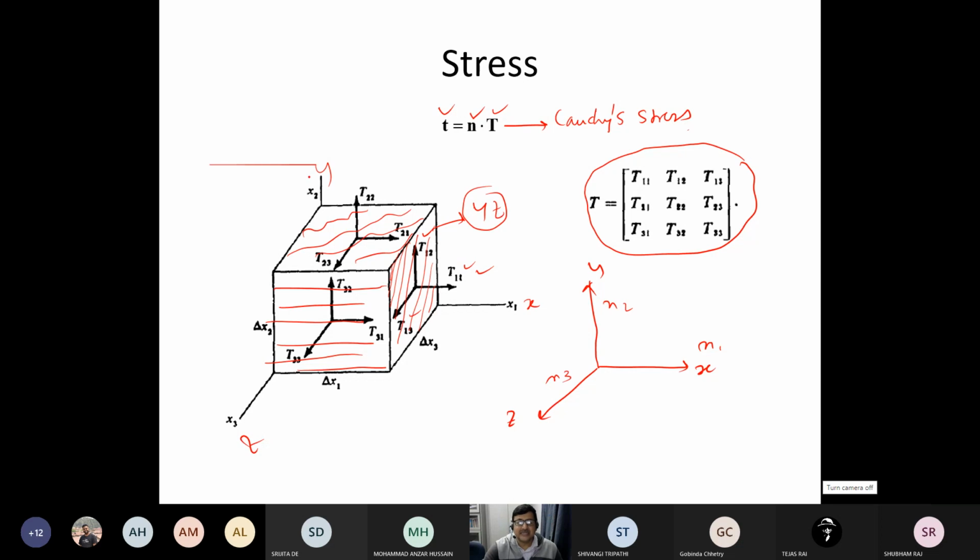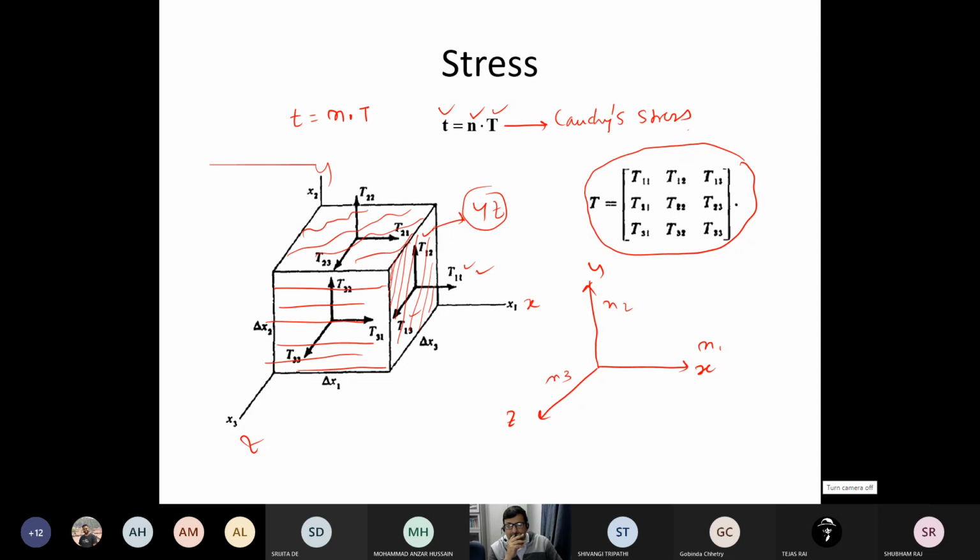Now I say the traction vector is nothing but N dot T. That means whatever stresses have manifested in all these directions, if you project them onto N1, N2, and N3, it gives you the traction vector.